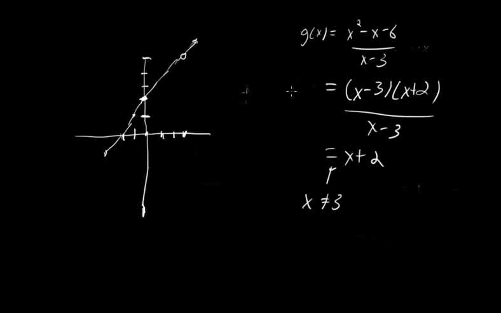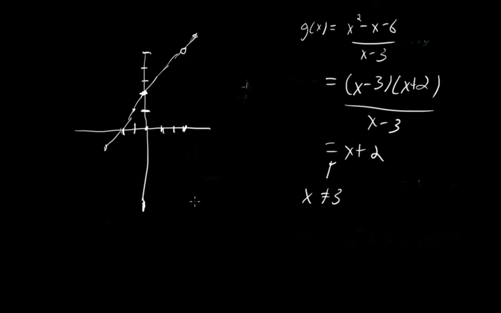And in this case, you have a removable discontinuity. So why is this a removable discontinuity? Well, you can redefine g of x. There exists another function, we'll call it capital G of x, that is identical to lowercase g of x except at this point of discontinuity.